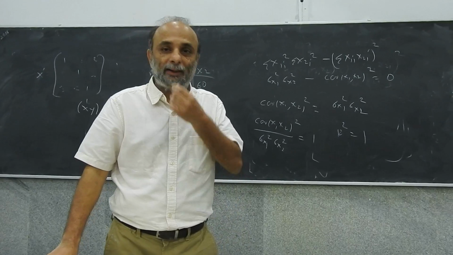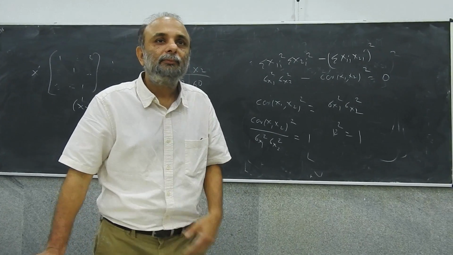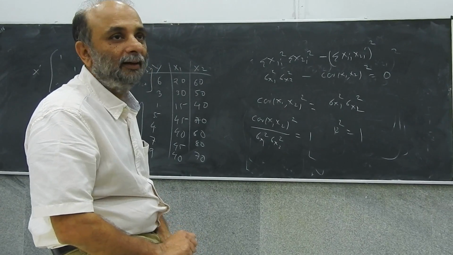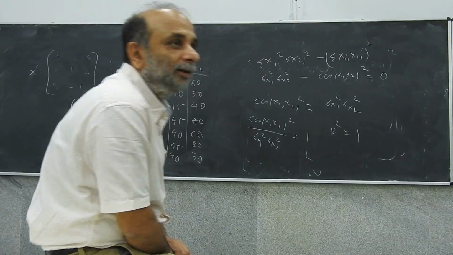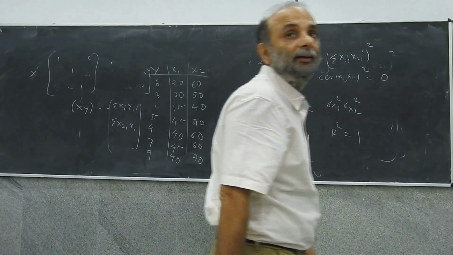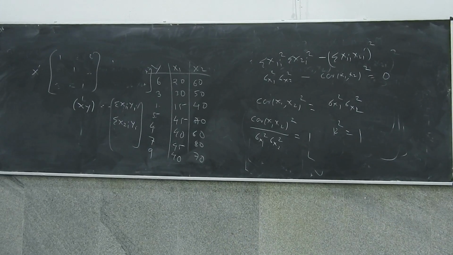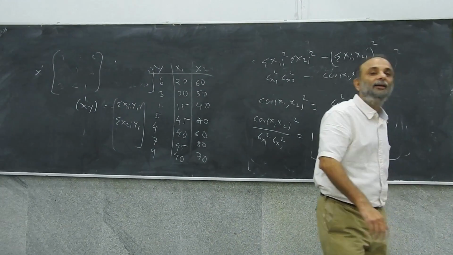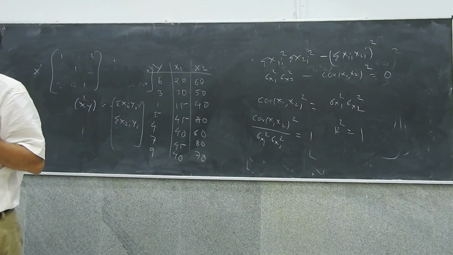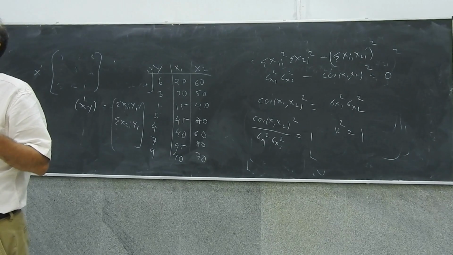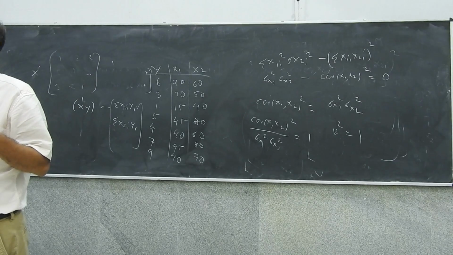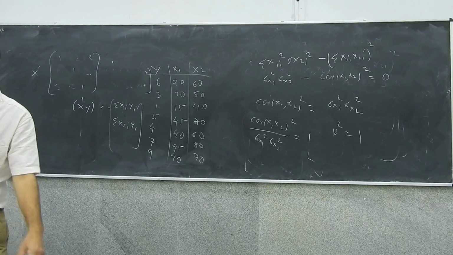Why can I not find them? Any guesses, folks? Because x1 and x2 are perfectly correlated, the marks of the degree in BA and the attendance are dependent on each other, so that would affect the value of y.